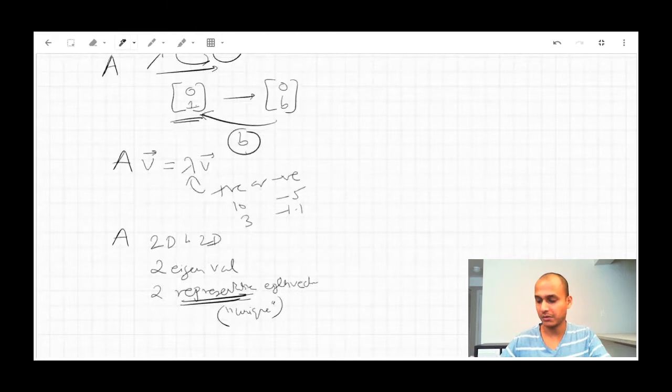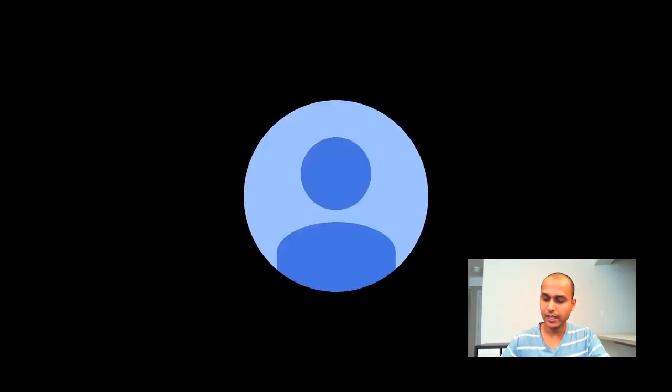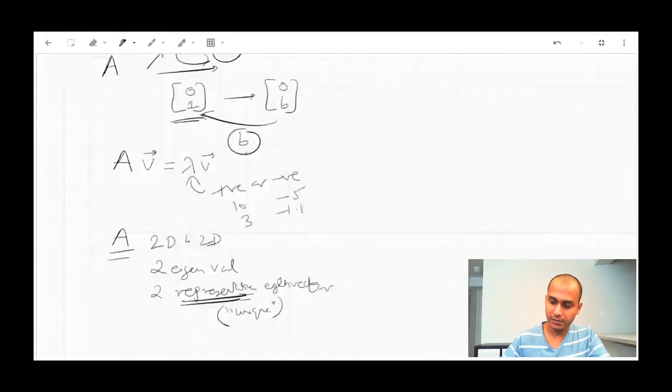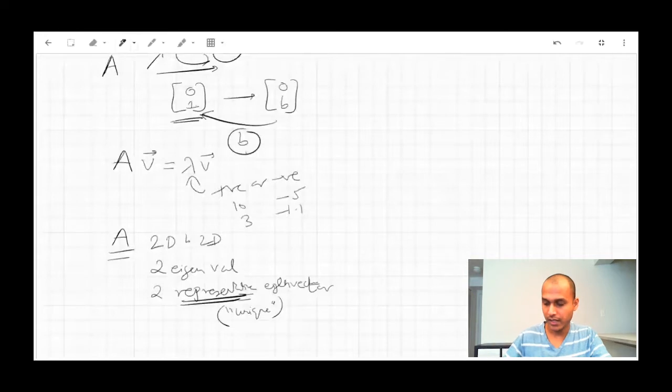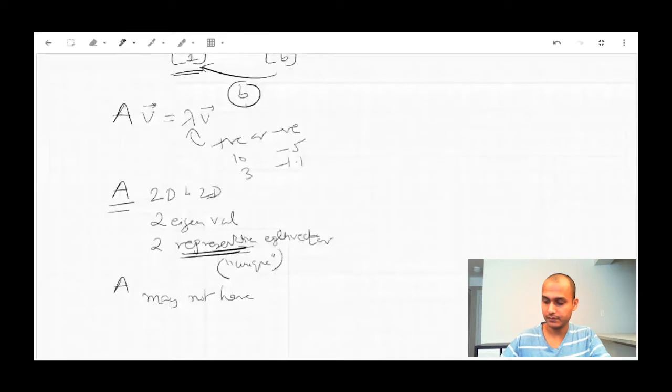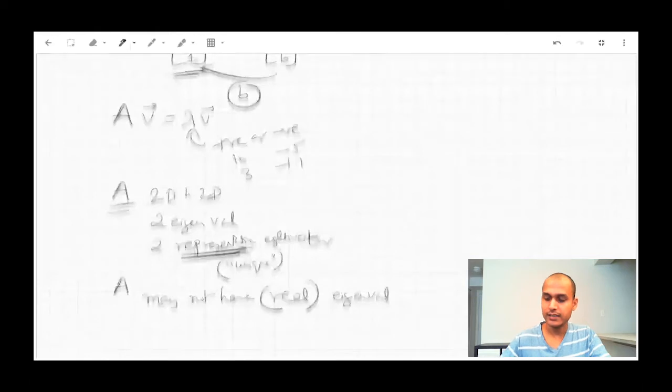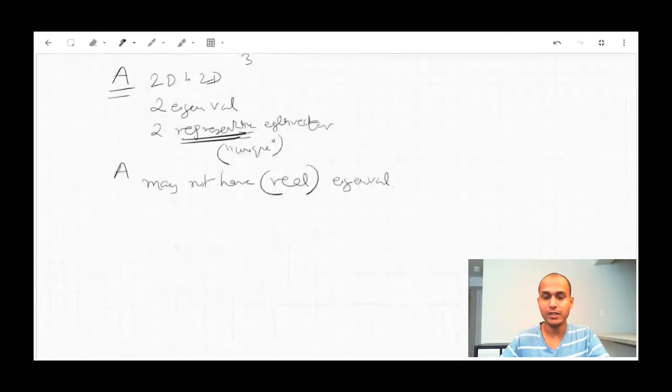So this transformation has these particular values and eigenvectors, but there are transformations which may not have real eigenvalues, in the sense that they may not have a vector on which they can act and give back a scaled version of that vector.